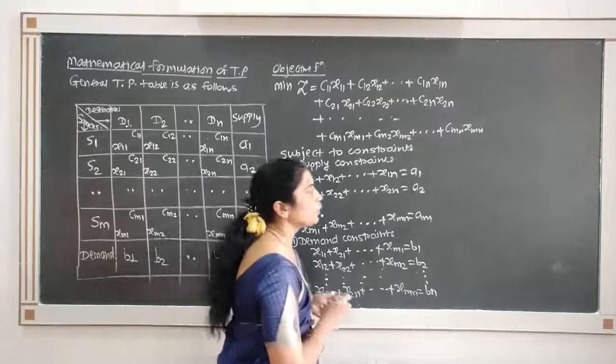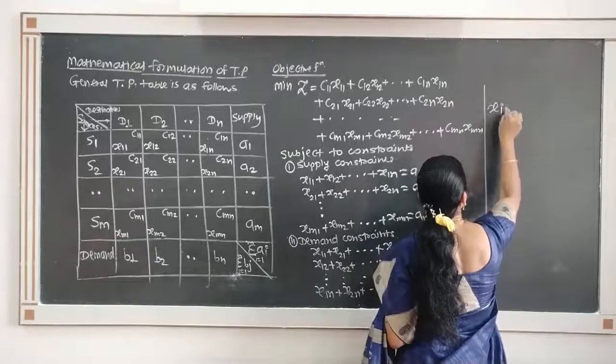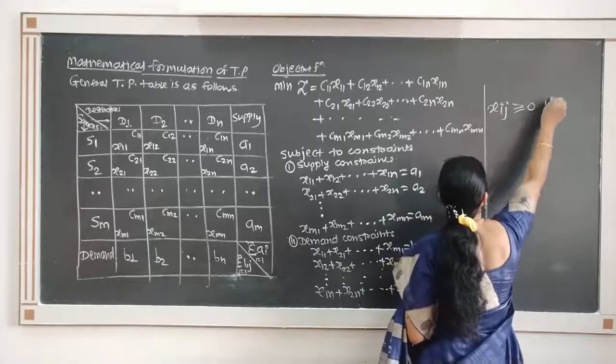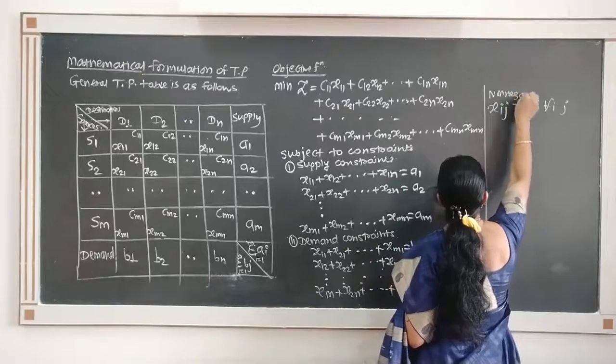And lastly, the non-negativity constraint, that is Xij greater than or equal to 0 for all i and j. This is the non-negativity restriction.